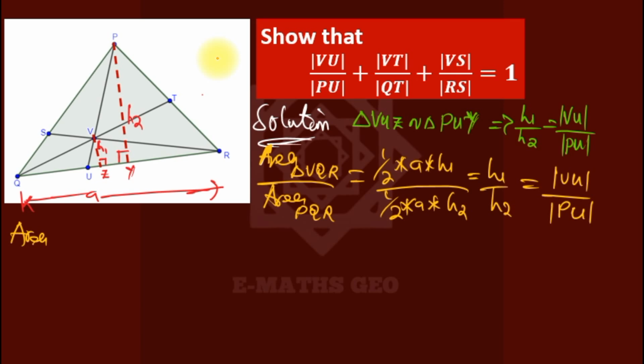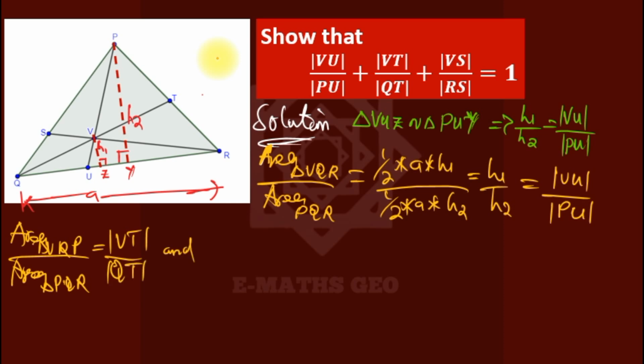We now see that the ratio of the area of triangle VRP to that of the big triangle PQR will also be VT over QT.